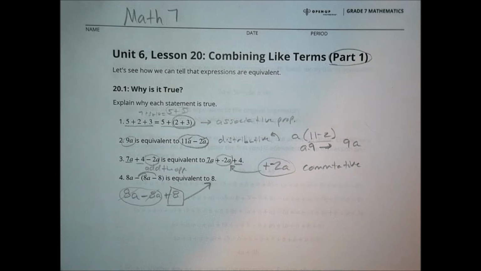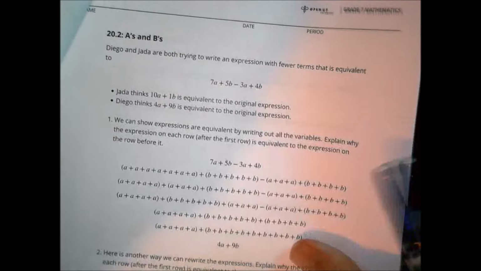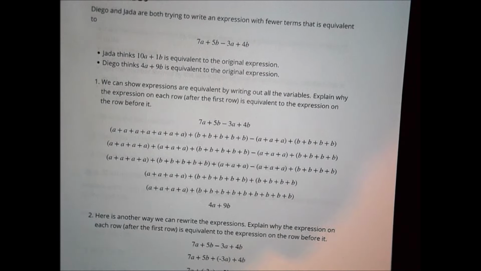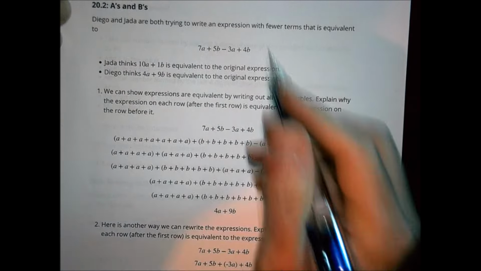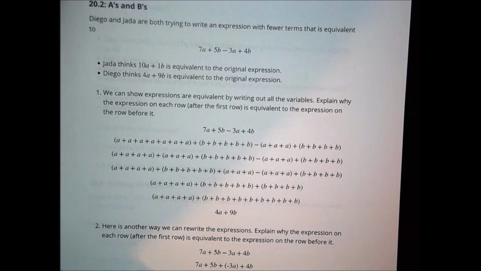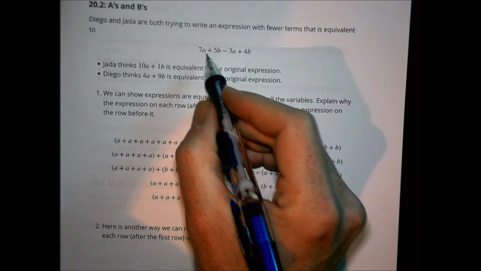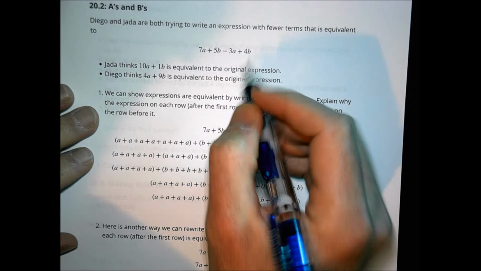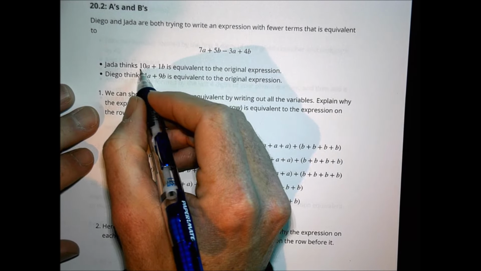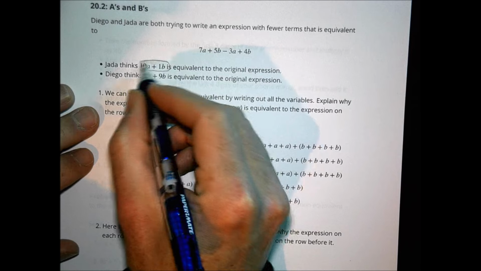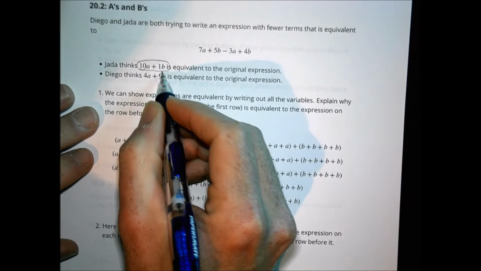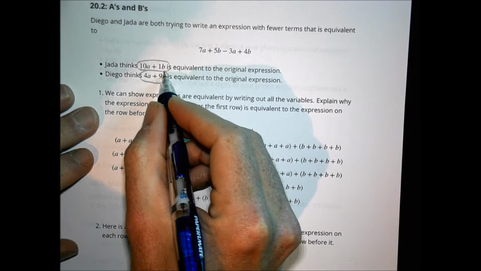When we turn the page, we're looking at an expression that Diego and Jada are trying to write with the fewest terms that is equivalent to what's here. And this is really a lengthy way of trying to talk about how we can really understand what all these little terms mean. So Jada, first of all, thinks that 10a plus 1b is equivalent to that, but Diego thinks it's 4a plus 9b.